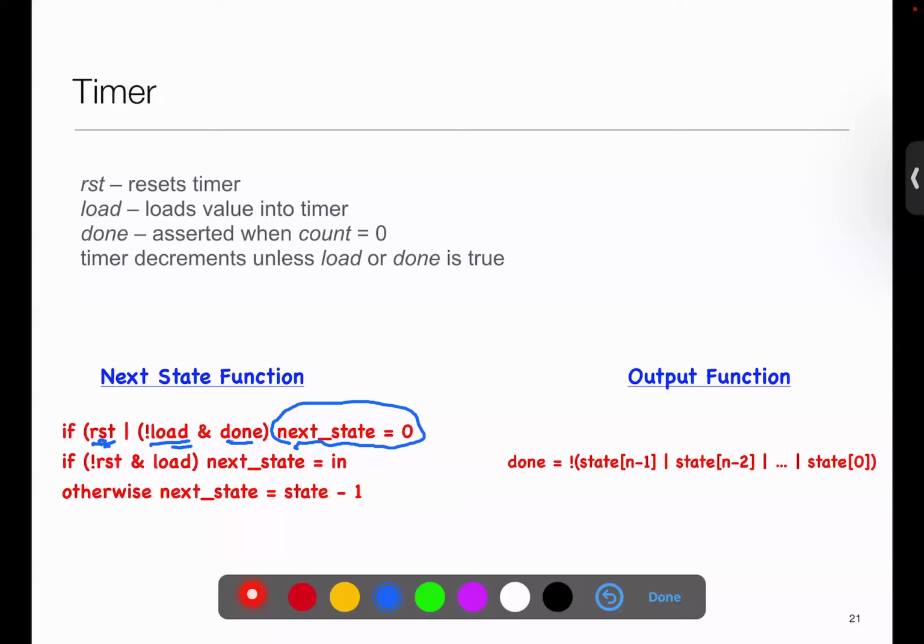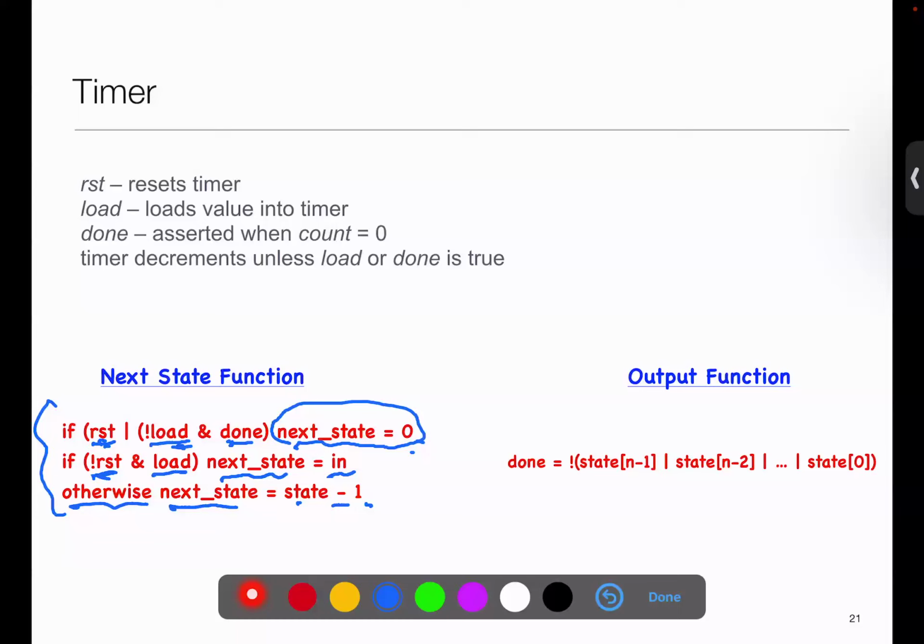In the other case, I was done, at state 0, but since there is no load, I stay put at 0. Otherwise, if reset is not true and load is high, then next state becomes whatever is on the input to the timer, so this is entering a value into the timer. And otherwise, next state is state minus 1. So you're basically writing a little program. That's what we're doing.